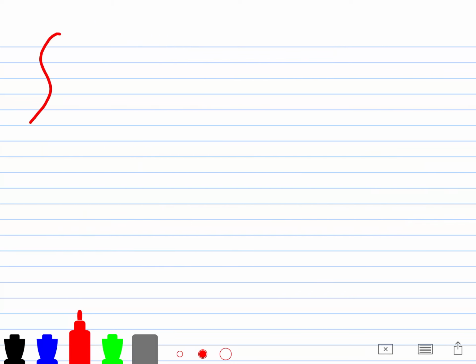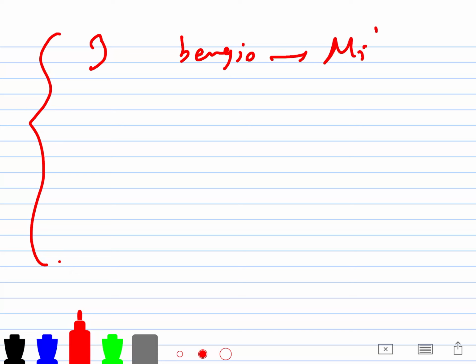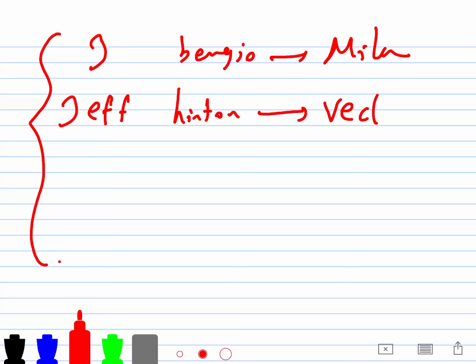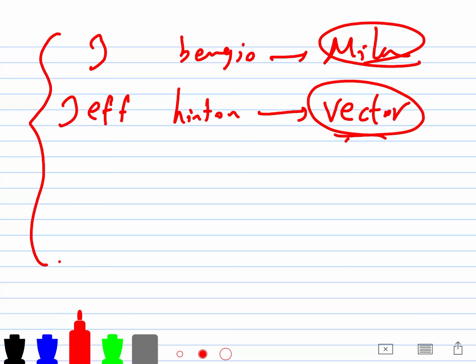And finally, I want to introduce you to three of my favorite amazing scholars. One of them is Yoshua Bengio. I think he works at Mila. The other one is Geoff Hinton. I think he works at the Vector Institute. Yes, Vector Institute. So Mila and the Vector Institute are in Canada. And the third one I wanted to introduce you to is the CTO of Facebook, Yann LeCun.